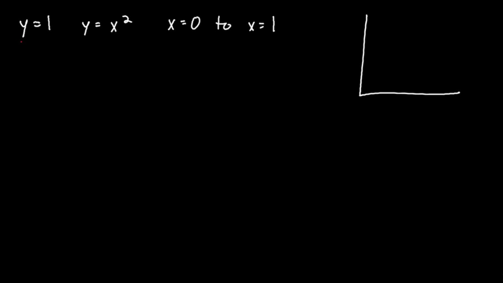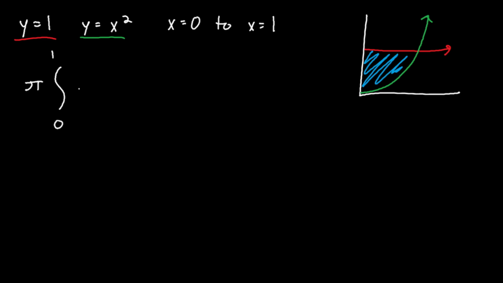Last one, let's draw the functions to find the upper bounds. And listen, I can already tell that the upper bound is y equals 1, because this is what both the functions look like, right? So the upper function is y equals 1. Let's set up the integral. Pi from 0 to 1, the upper function squared minus the lower function squared. The upper function is simply 1, so you square it.